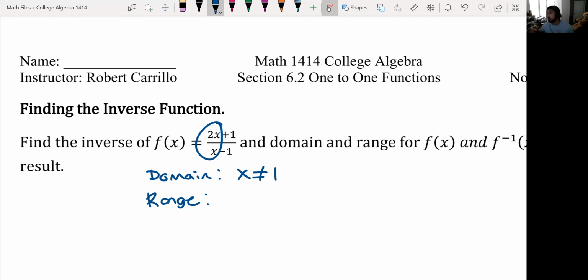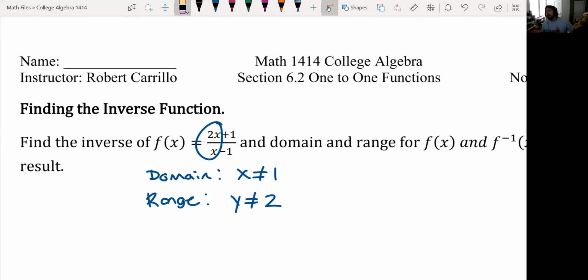Therefore, that's rule 2 of horizontal asymptotes, which means that our horizontal asymptote would be the line y equals 2, which means that if we were to graph it, you would start at negative infinity, come up, stop at 2, and then continue on towards infinity. So for my range, we can just say y not equal to 2.